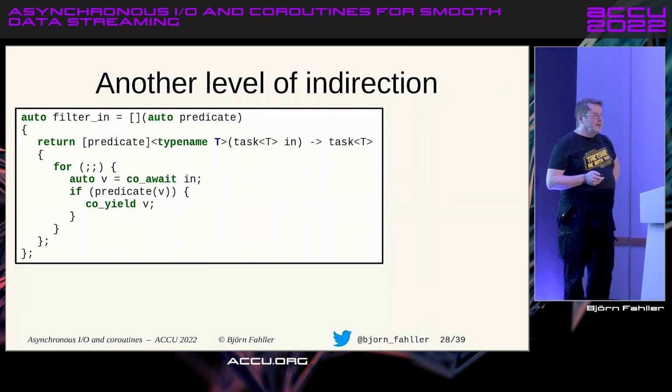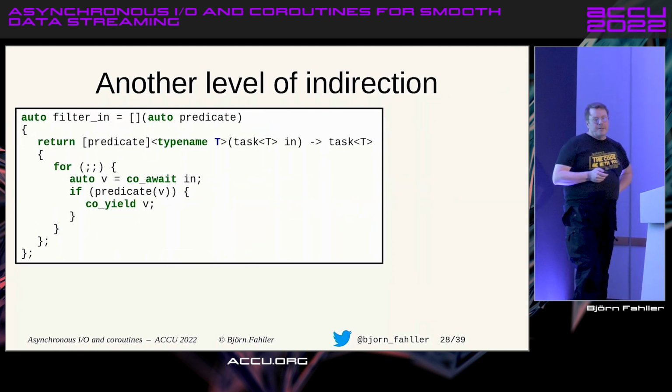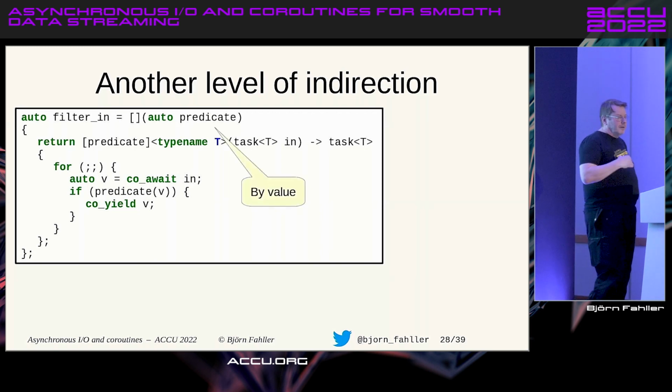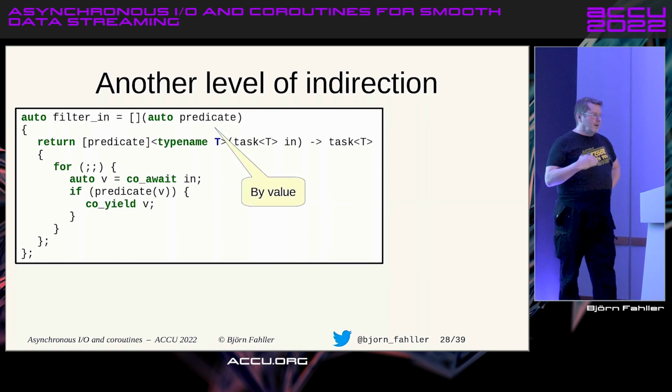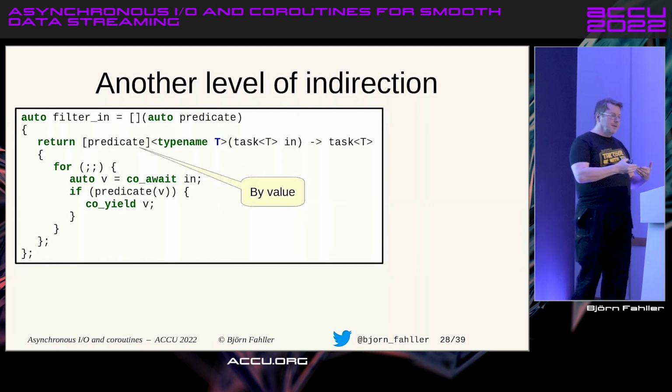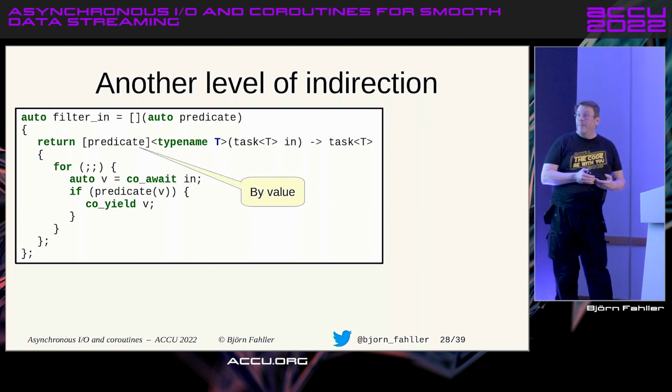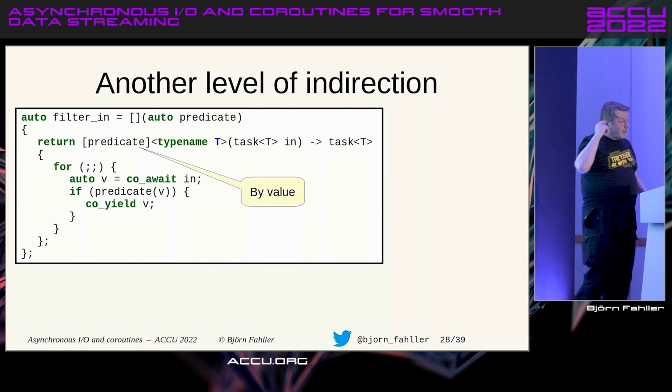So what can we do? We can add another level of indirection. So I make filter in a higher order function that returns a lambda that holds the predicate as a member. Now, I've been told at one point by another conference presenter that lambdas cannot be coroutines.